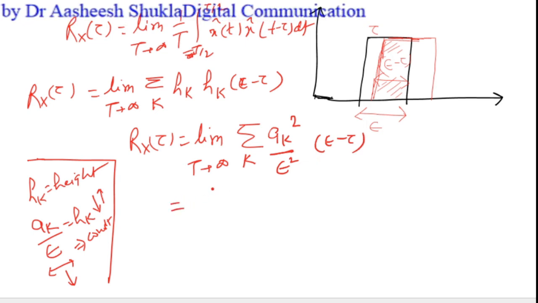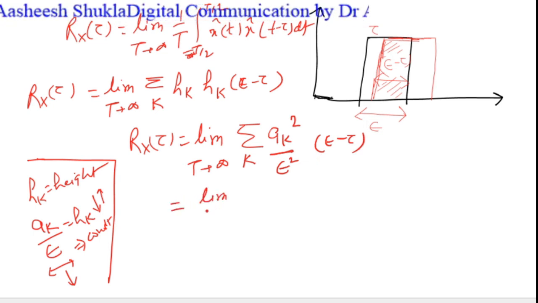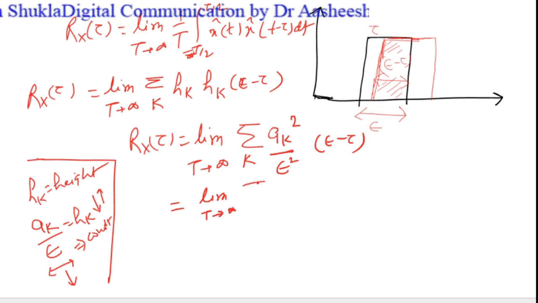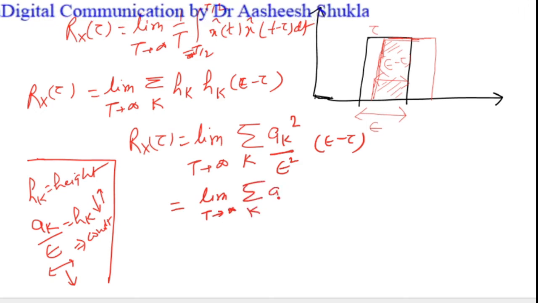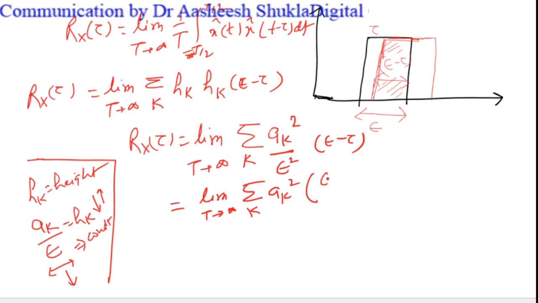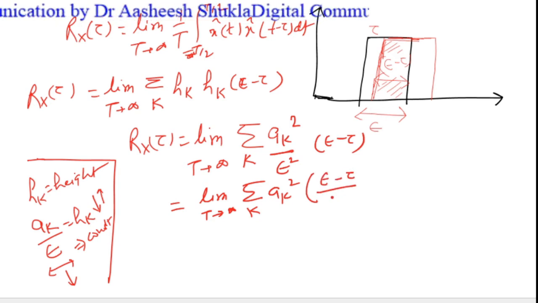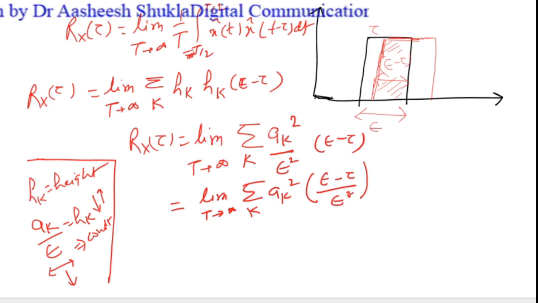And further we can write it as limit T tending towards infinity, summation over k of a_k squared (epsilon minus tau) divided by epsilon squared, right?